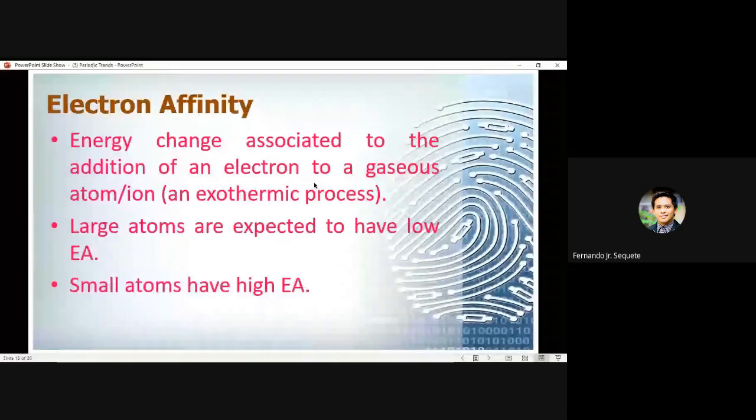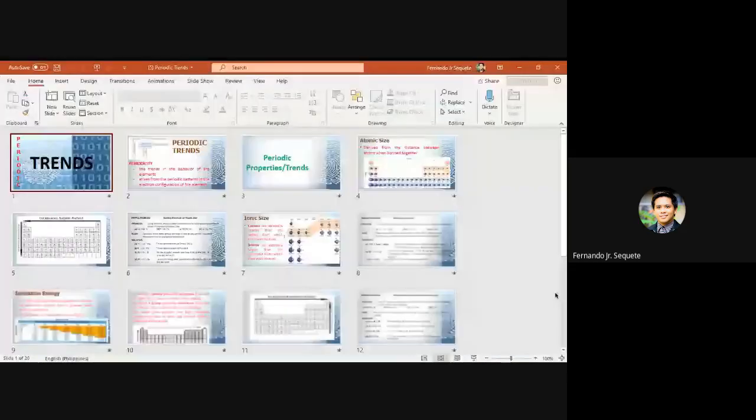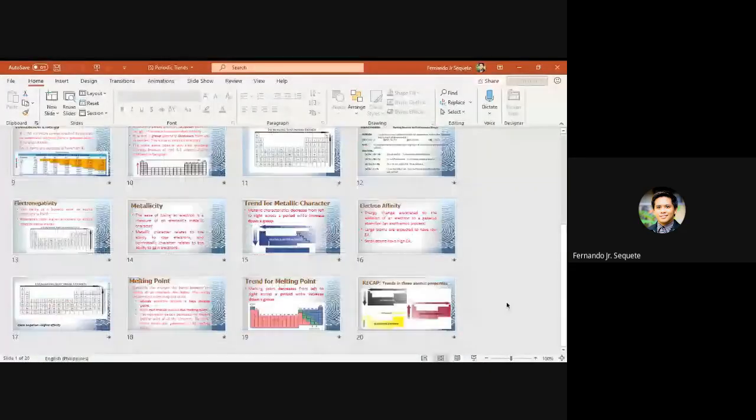Sir, para siya yung electron, what's the other one? Titingnan ko nga. The other term, the same siya sa tinatawag natin na ionization energy. Okay. The same pattern. Ionization energy and our electron affinity, the same yung pattern nila. Okay.